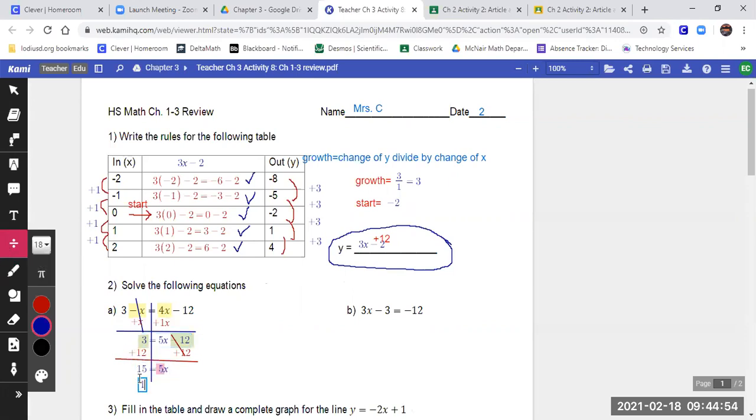So 15 divided by 5 has to equal the 5x divided by the 5.